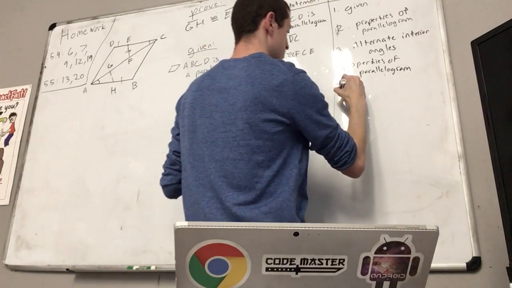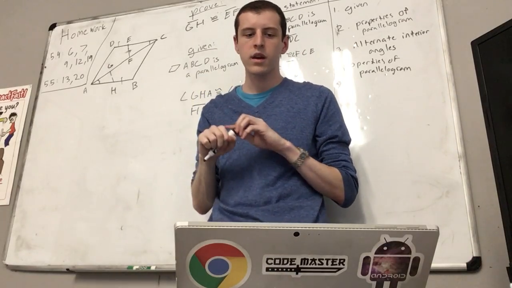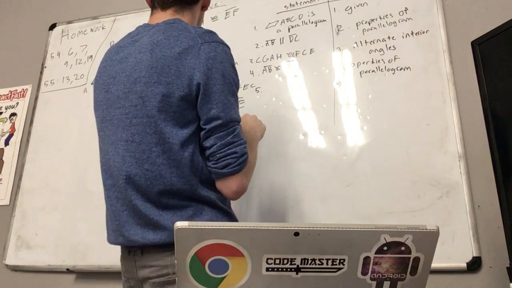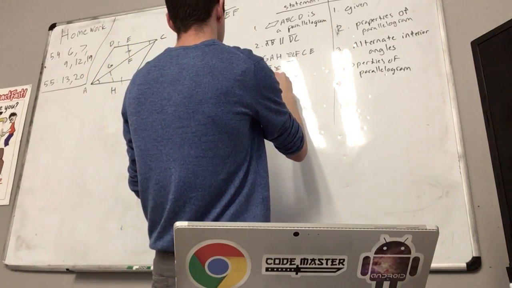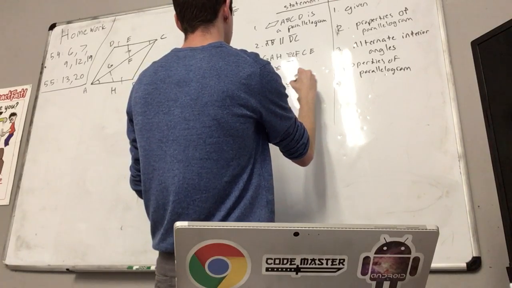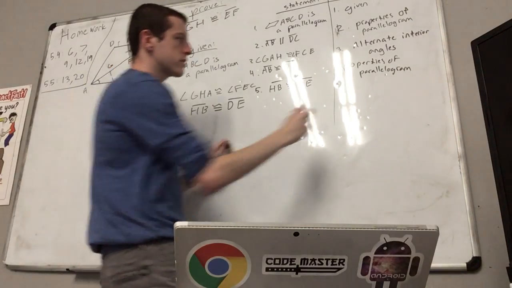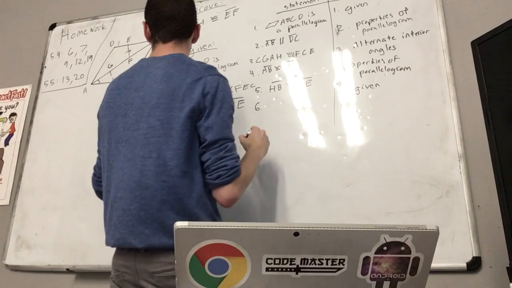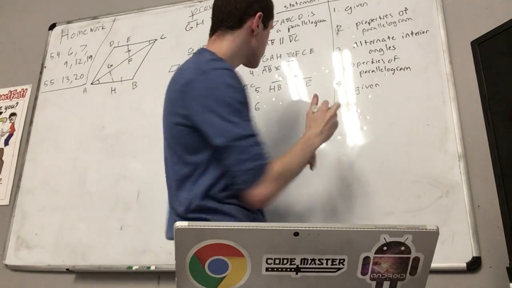Then, we're running out of time. Okay. Now, ooh, I need this one. I didn't write this one from earlier. I need to write my given one more time. I need to know that HB is congruent to DE. It's another given, because I want to be able to say that AH and EC are the same.